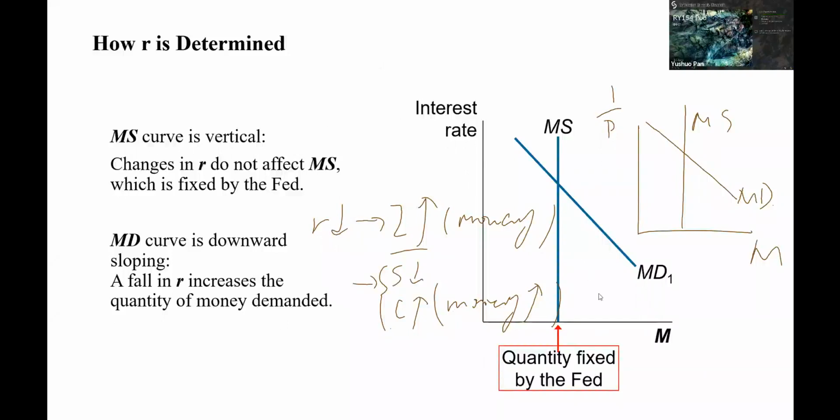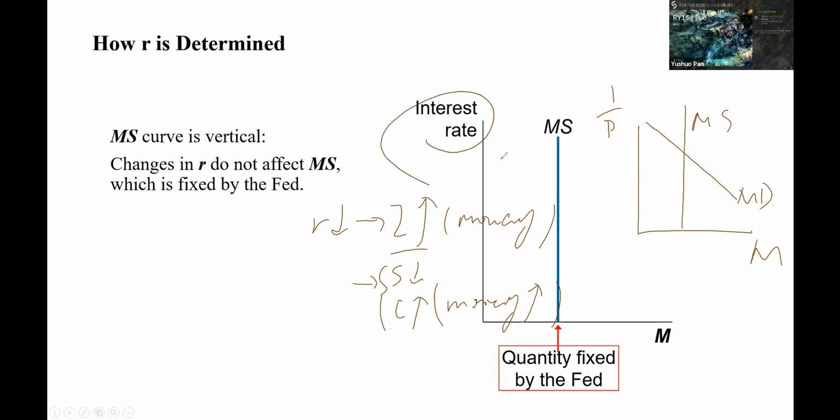And here, you can compare these two graphs. In the left one, the vertical axis is the interest rate. In the diagram we learned before, the vertical axis is 1 over P, the value of money. So actually, these two can kind of equal each other, because the interest rate is the value of money, right?